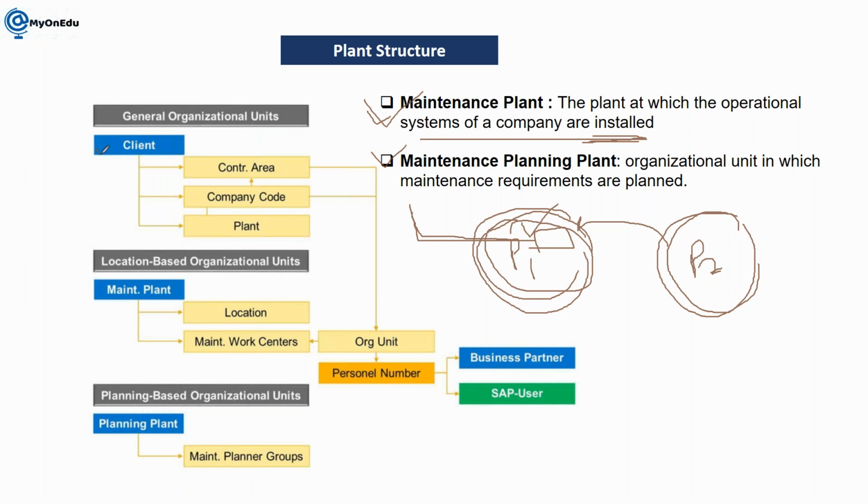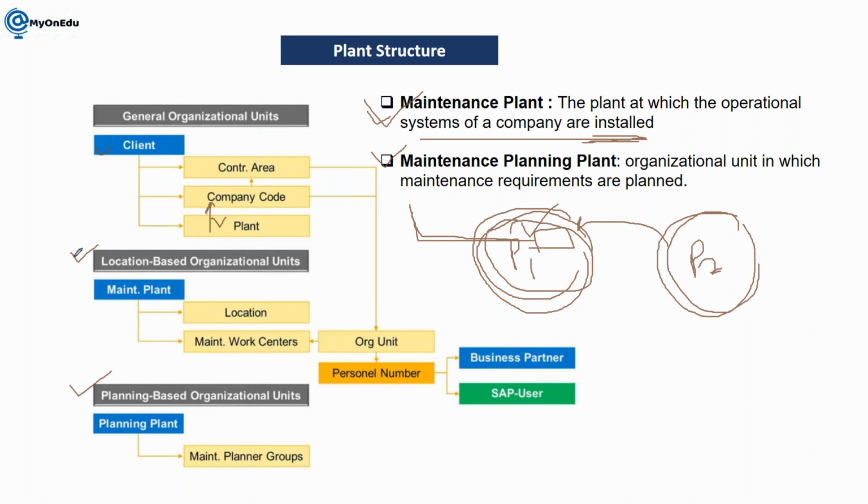Here you can see the general organization units. We have a client. Within this client, we have a controlling area, then a company code is assigned to the controlling area, and then we need to create a plant which will be assigned to the company code. At the next level, we segregate into location-based organization units and planning-based organization units.